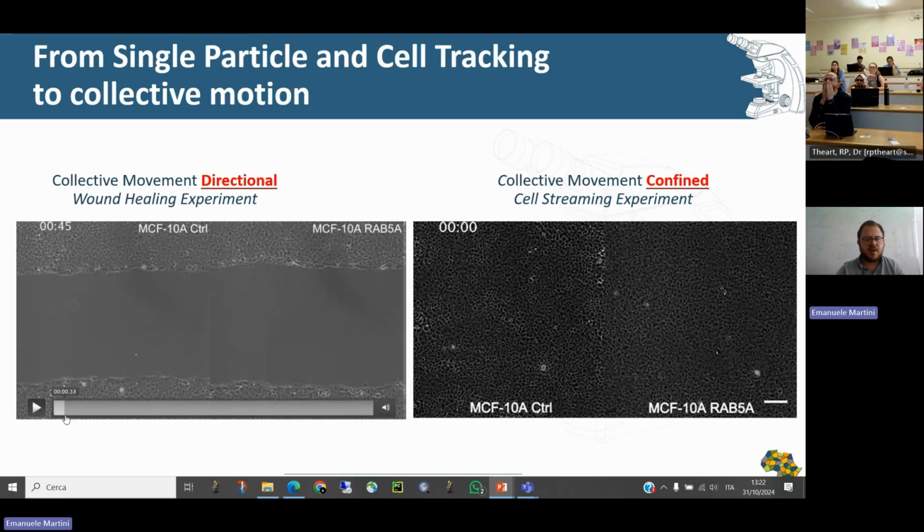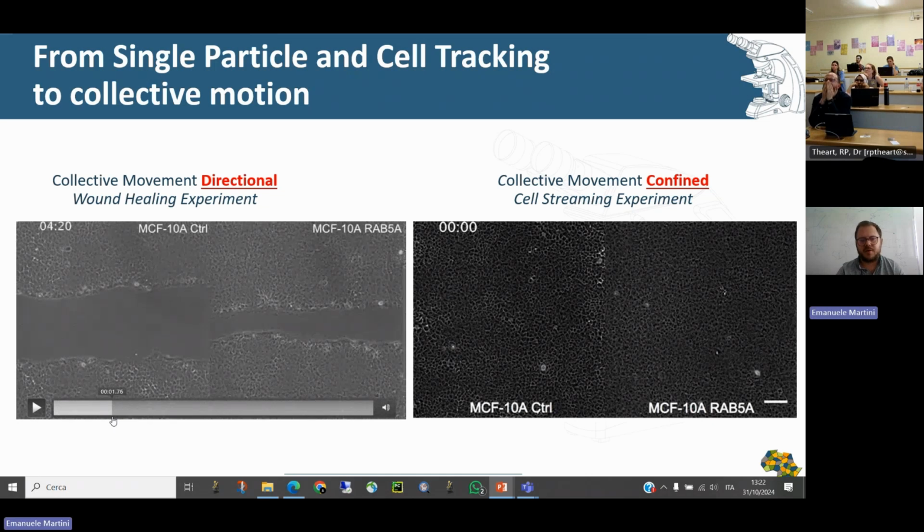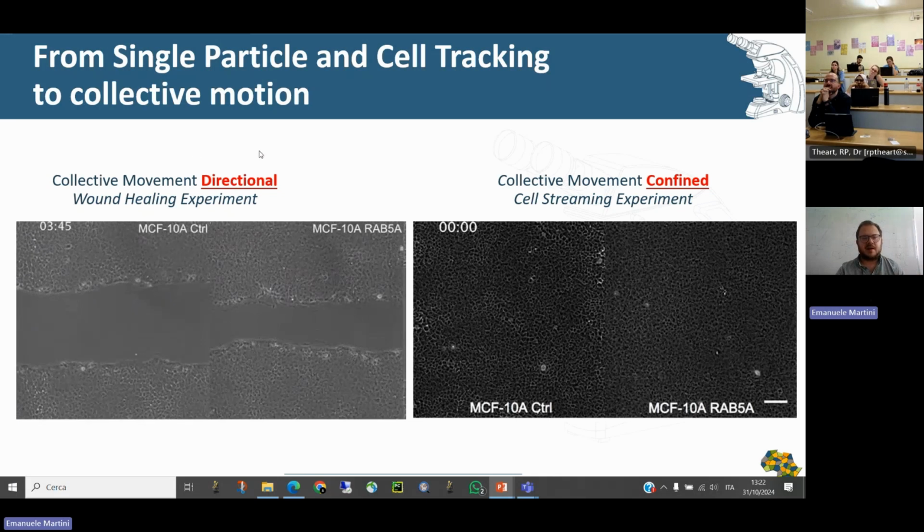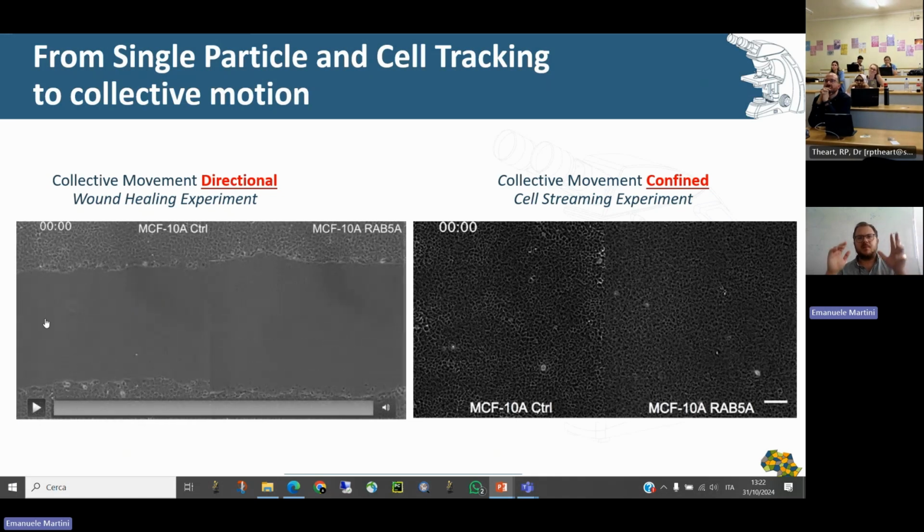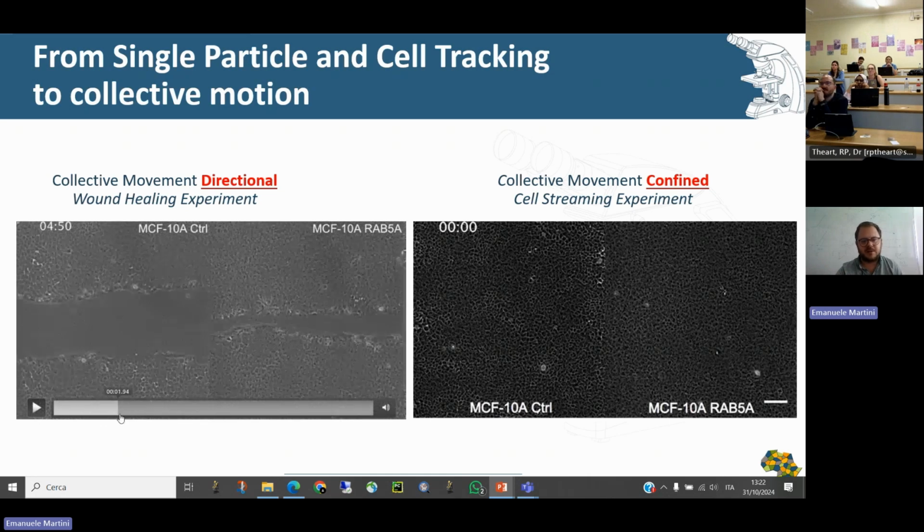Then you want to see how your cells close the wound, how fast they move, and this kind of information. It is a directional experiment because you are imposing a favorite direction on the cells, in this case the vertical one, because they have space in front of them.